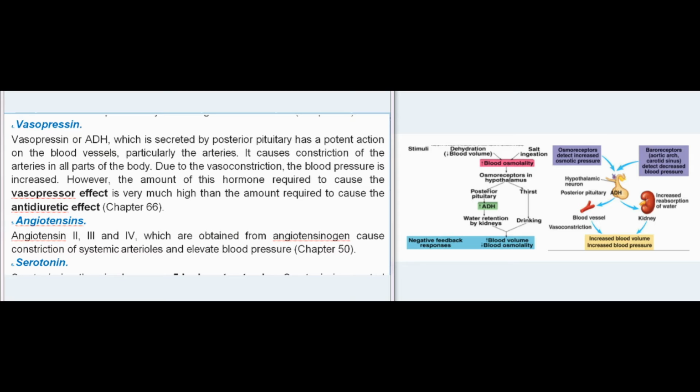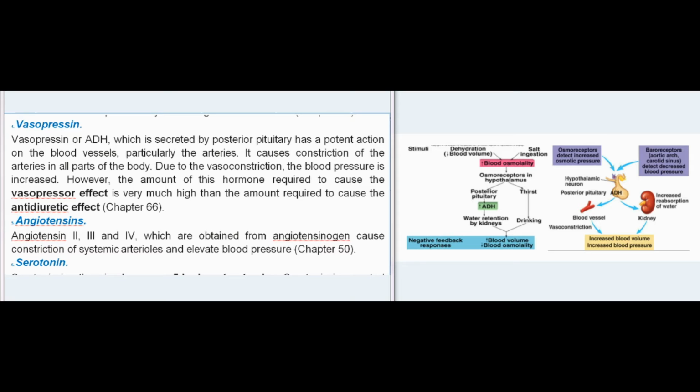Vasopressin or ADH, which is secreted by posterior pituitary, has a potent action on the blood vessels, particularly the arteries. It causes constriction of the arteries in all parts of the body. Due to the vasoconstriction, the blood pressure is increased. However, the amount of this hormone required to cause the vasopressor effect is very much higher than the amount required to cause the antidiuretic effect, Chapter 66.